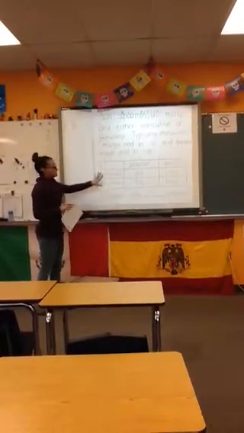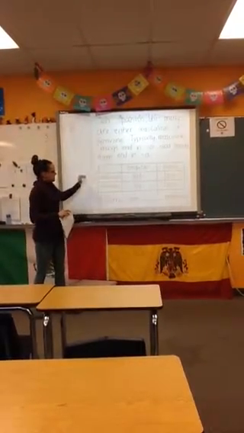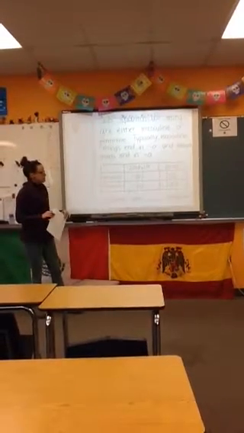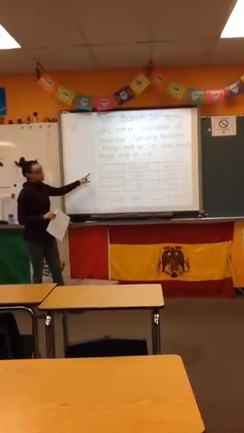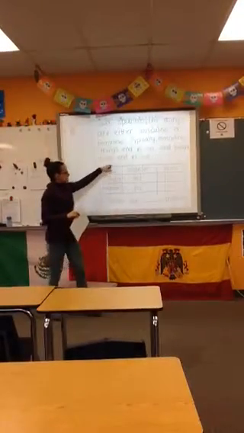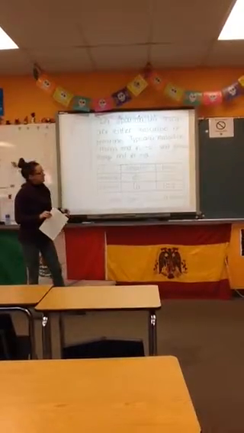So what I want you guys to do is to draw this chart in your notes. So go ahead and draw a chart that has 3 rows and 3 columns. You're going to write in it masculine and feminine, and this column is going to be for singular and the last column for plural.